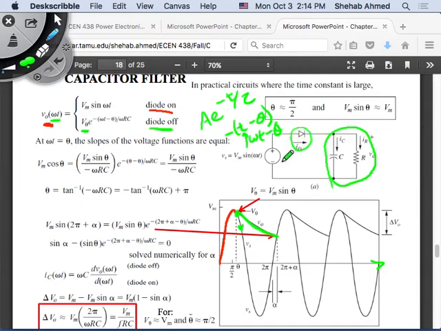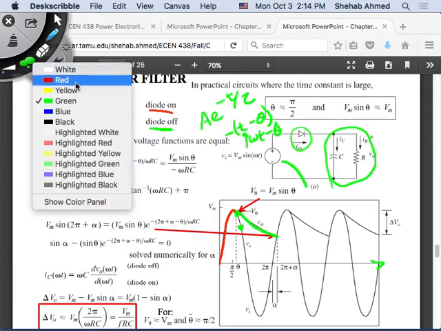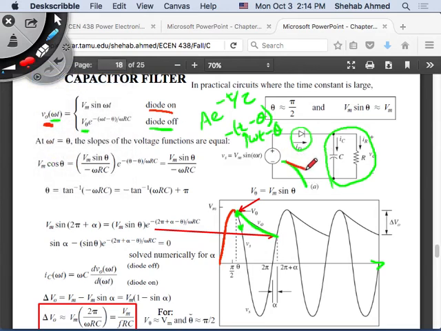If the input voltage is falling fast and the capacitor voltage cannot follow, at some point the capacitor voltage becomes higher than the supply voltage, and the diode blocks. Right? That point is called theta. This is the point where they start diverging, and it is called theta.